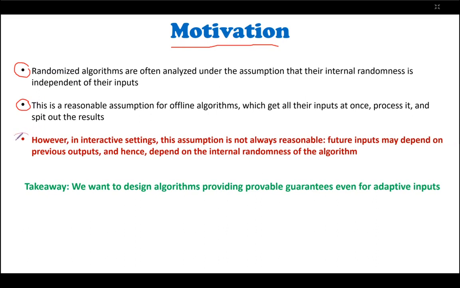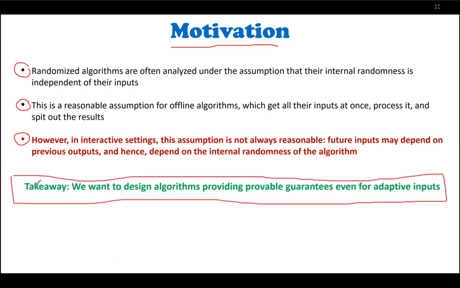But if you think about it, in online or interactive settings, this assumption is not always reasonable, because it could be that in an online setting, the algorithm outputs something, and then the next input that the algorithm gets may depend on the previous output that the algorithm gave out. And as a result, the next input may depend on the internal randomness of the algorithm. So the takeaway from this motivation slide is that we want to design interactive algorithms that guarantee utility even when their inputs are being chosen adaptively.